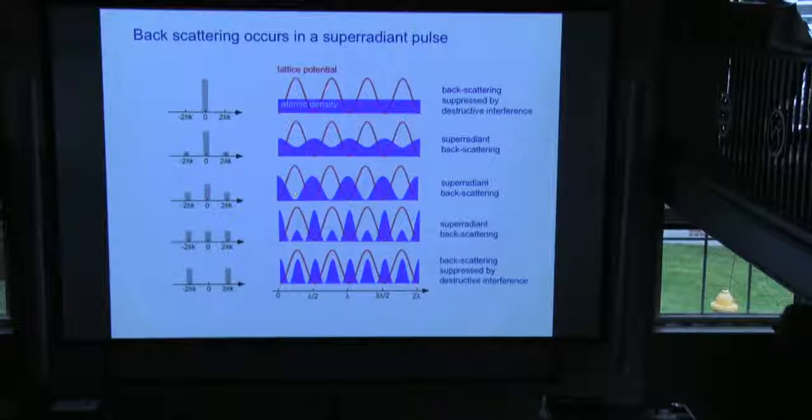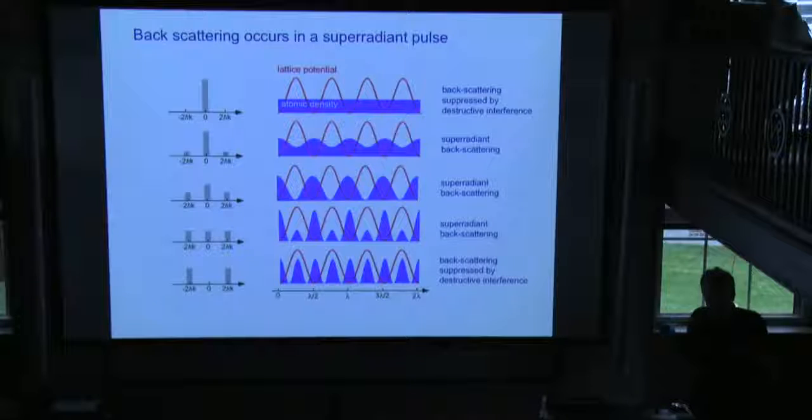More and more atoms appear in this structured distribution, but at some point, when half the atoms are in the plus and minus 2ħk states, a second peak comes up here. And at the end, if everybody is in plus and minus 2ħk, the distribution has come to life that is not superradiant, which terminates that emission.